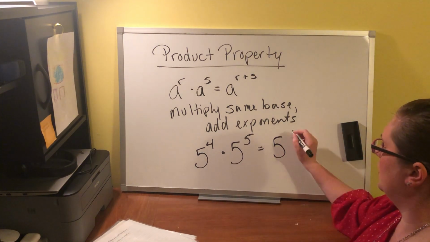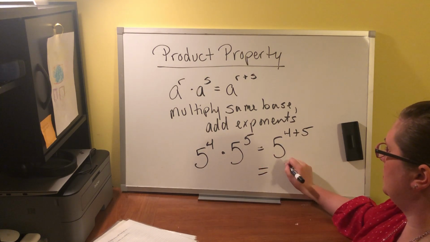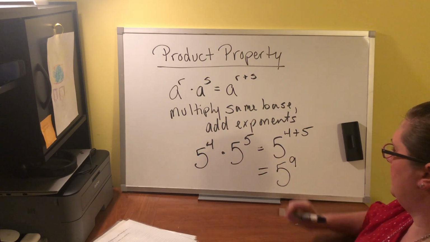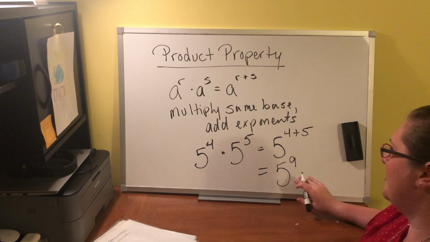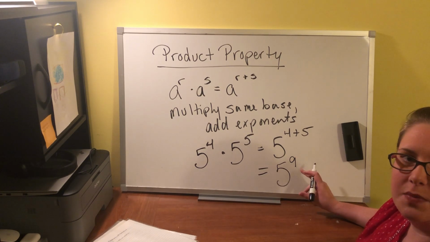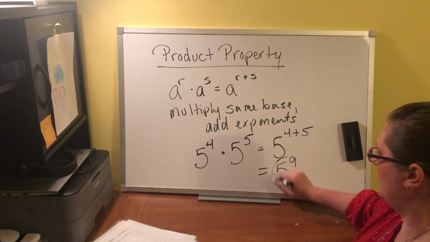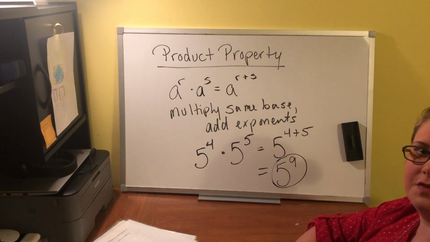Well, the exponents are 4 and 5. So 4 plus 5. So your answer is 5 to the 9th power. And this is your final answer. Keep it there. We're going to be dealing with larger exponents, so we're not actually going to be finding out every single time what that specific answer is, okay? So this is a perfect answer, 5 to the 9th.